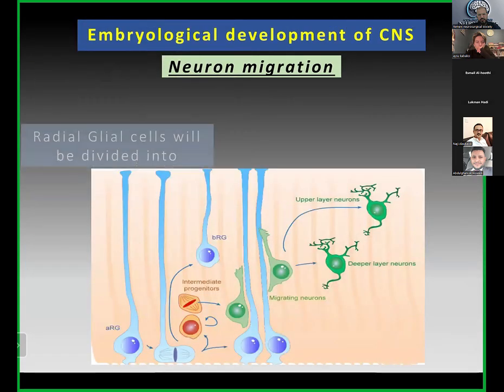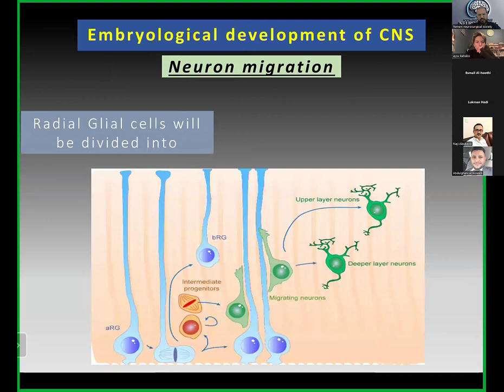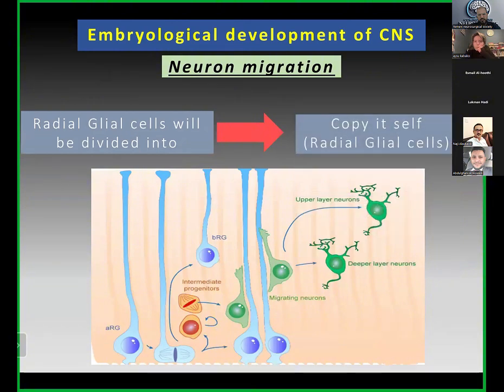These radial glial cells will be divided into many types of cells. First, it will copy itself for more growth and multiplication of the number of cells. So it will divide to form more new radial glial cells.